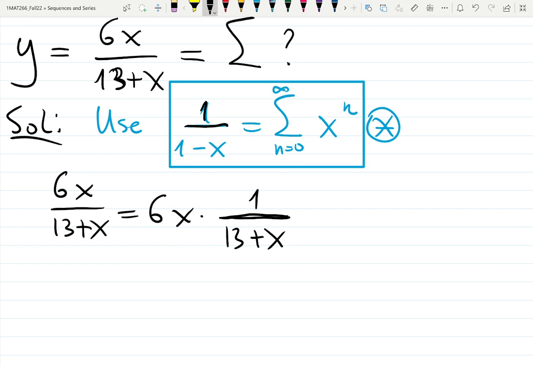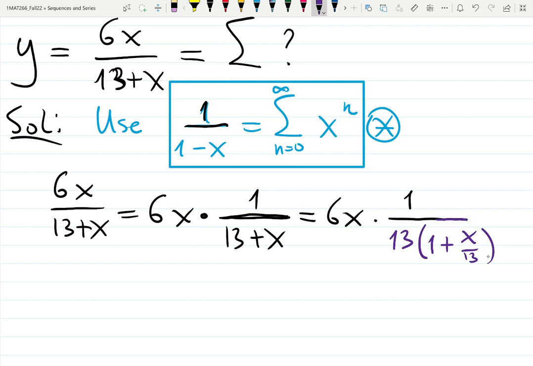In this case, let's factor it out. Exactly. Good job. 6x is outside waiting. 1 over, and I will just factor out 13. Now I have 1 plus x over 13. Does it make sense? Now it's getting better. We have the shape 1 over 1 plus stuff.